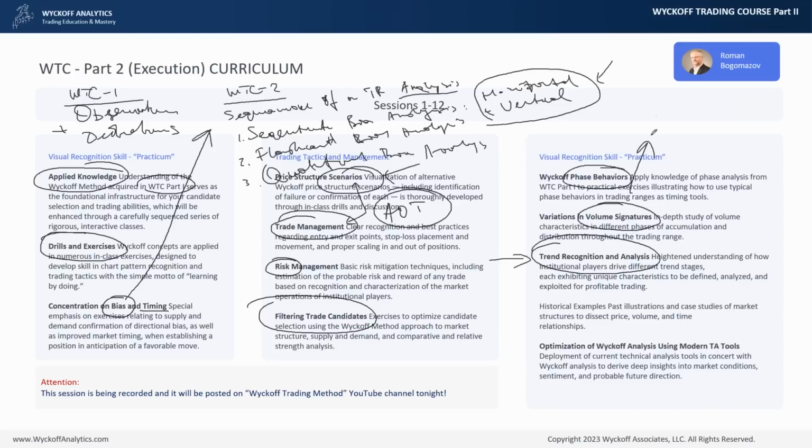But the main knowledge that I'm going to give you as in-depth knowledge is going to be the extension of our discussion from WTC1 course on significant bar analysis.